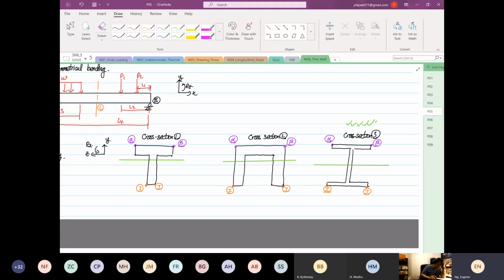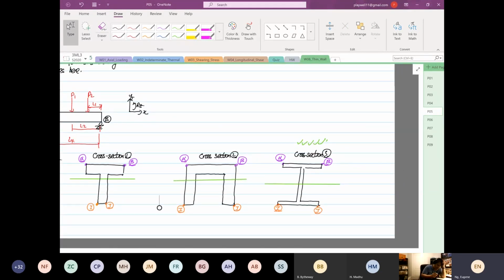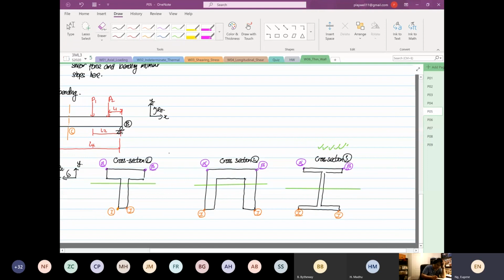So what do I mean by symmetrical bending? We'll do this next week. For all of them, stress X alpha is equal to stress X beta, and stress Xi is equal to stress Xj. When this is satisfied, we call it symmetrical bending.